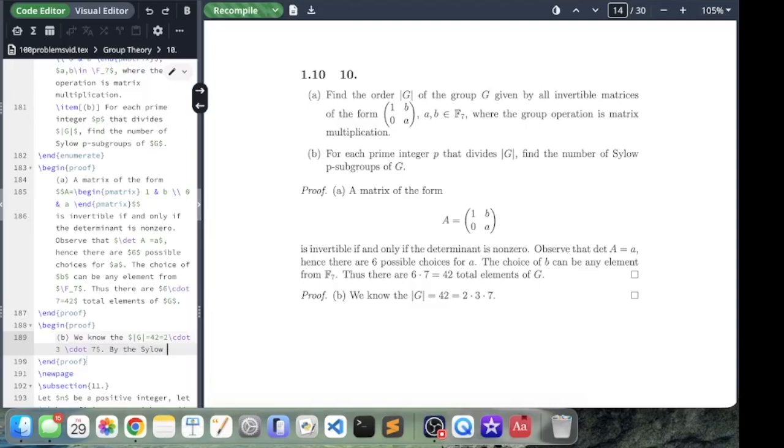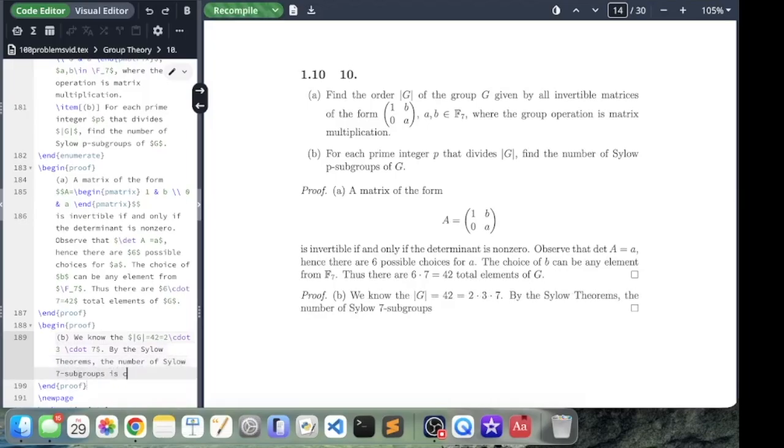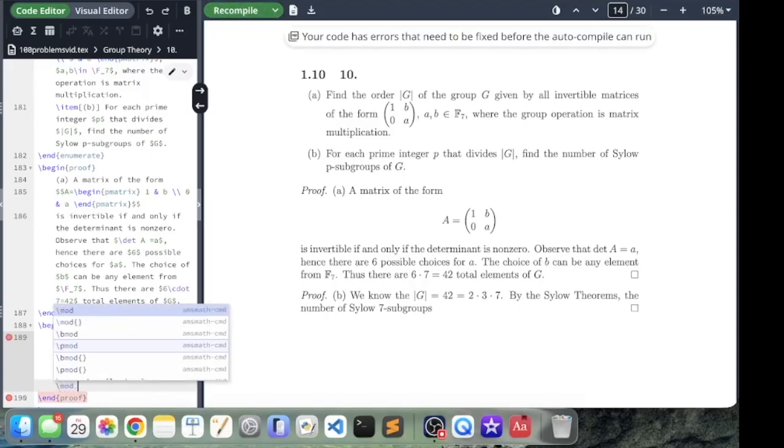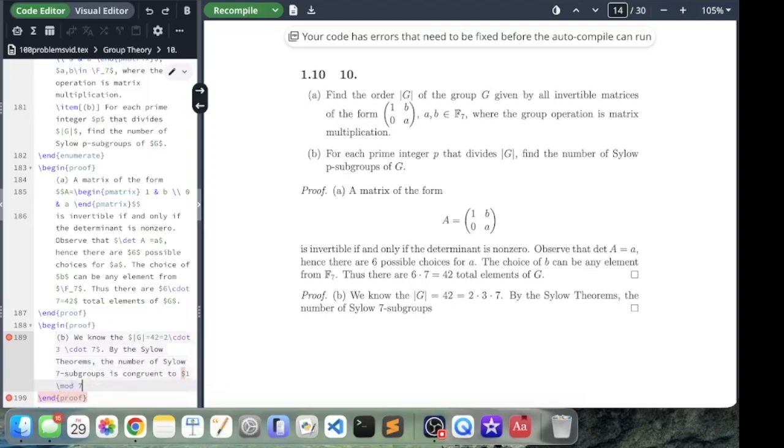By the Sylow theorems, the number of Sylow 7 subgroups is congruent to 1 mod 7 and it divides 6.